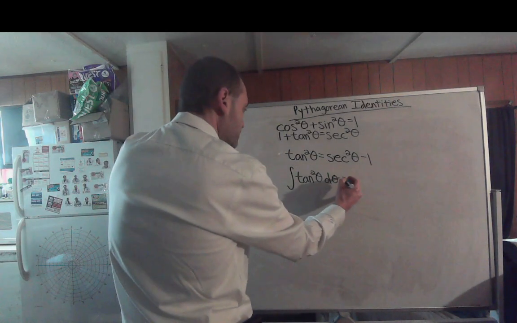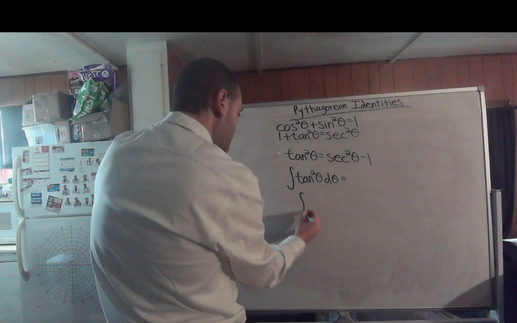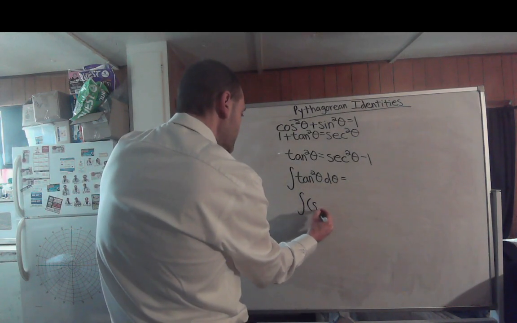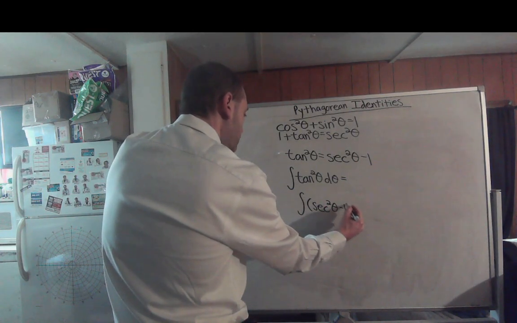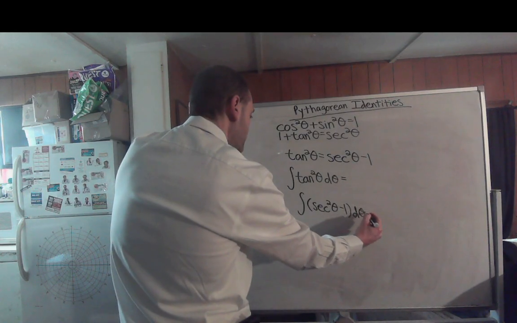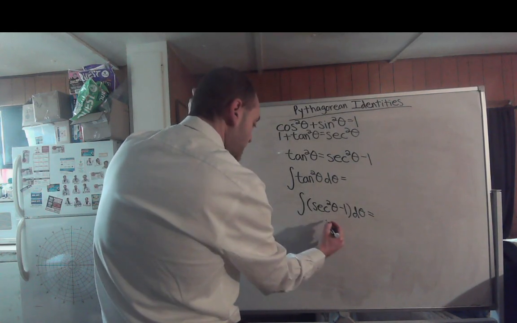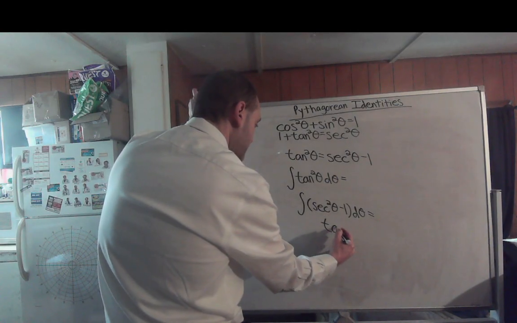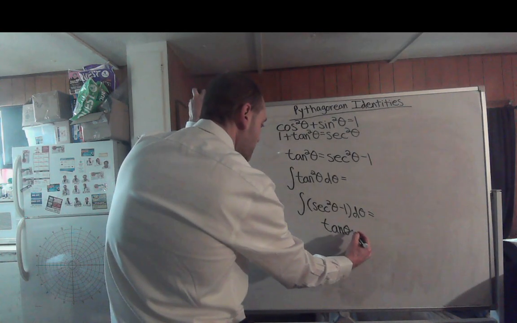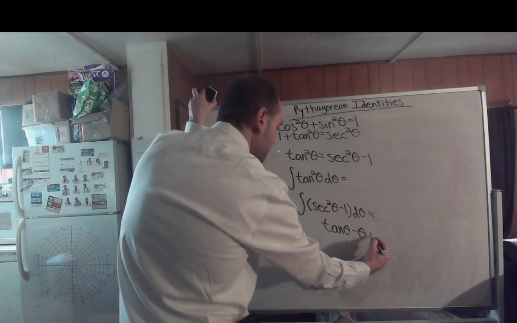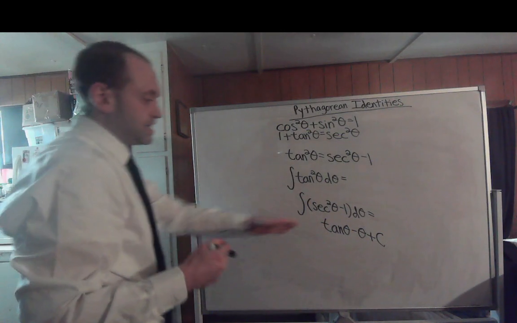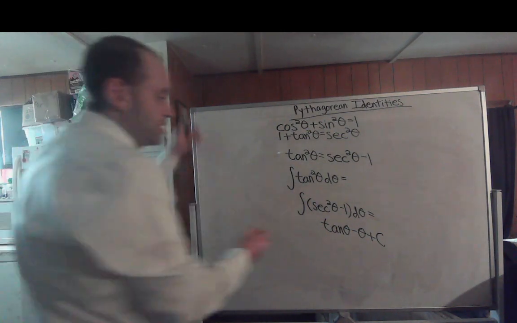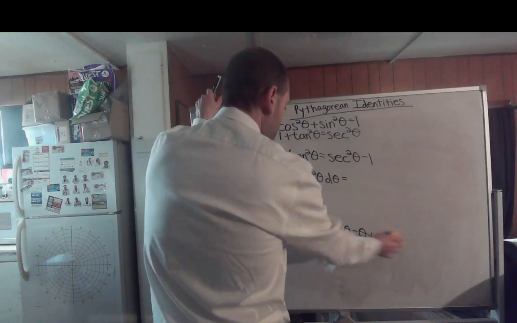I'll just do this real quick. So this would turn into the integral of the secant squared of theta minus 1 d theta, which would end up giving you the tangent of theta minus theta plus some constant, which we call c. But that's a calculus problem for another time, but that's where it's useful to know.